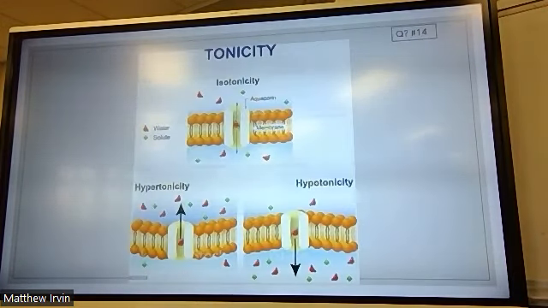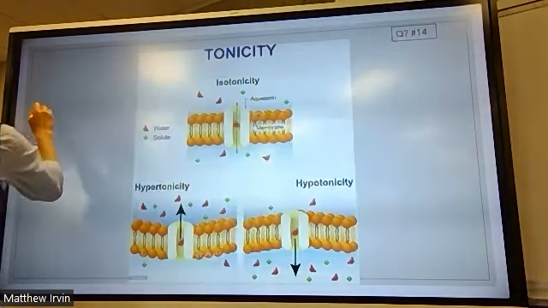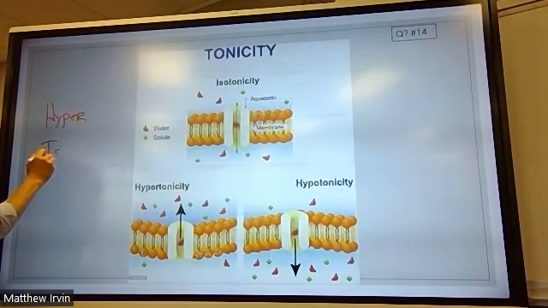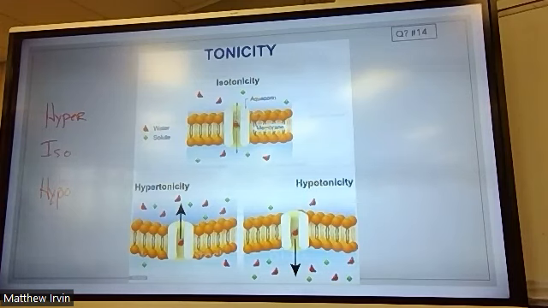All right, tonicity, that is hypotonic, hypertonic, isotonic. So hyper is what? So this is about the amount of solute, salt, sugar, whatever. So if something is hypertonic, it has more salt.